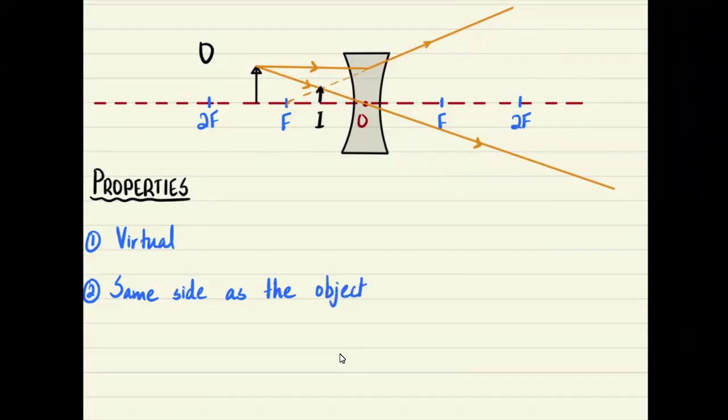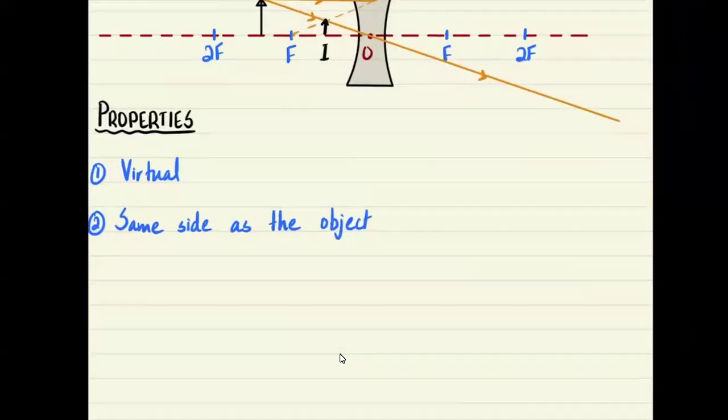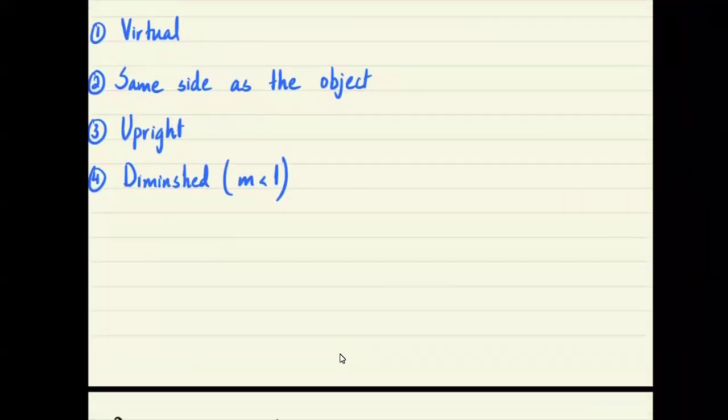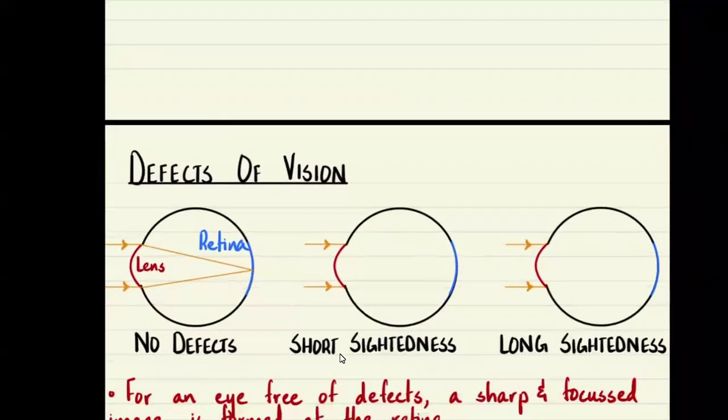A virtual image is always formed on the same side as the object, as far as lenses are concerned. Third, it's an upright image. And with regards to magnification, this is a diminished image because the image is smaller than the object. So I would say that in terms of magnification values, this would be less than 1. So this is pretty basic stuff, and you don't even need to know this all that much.